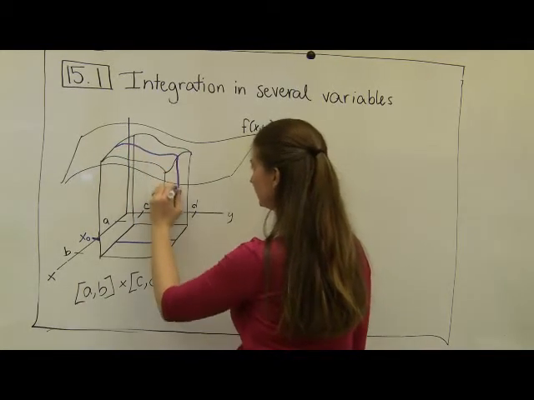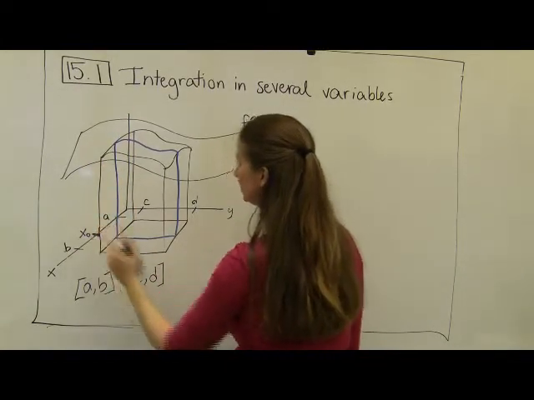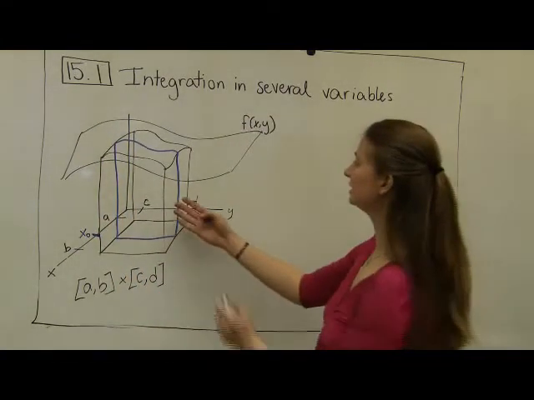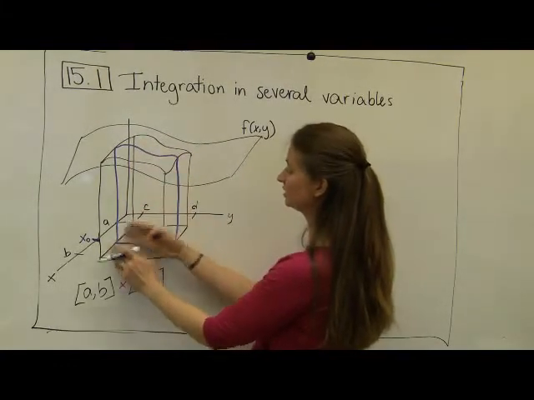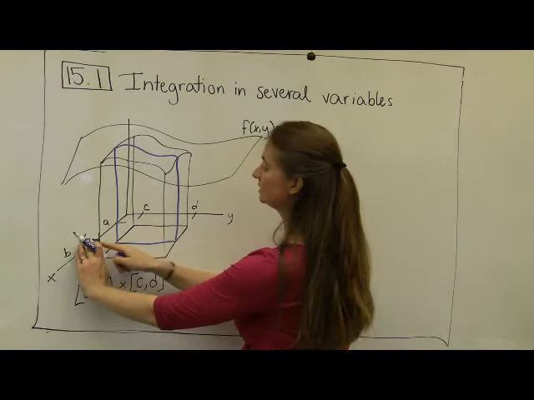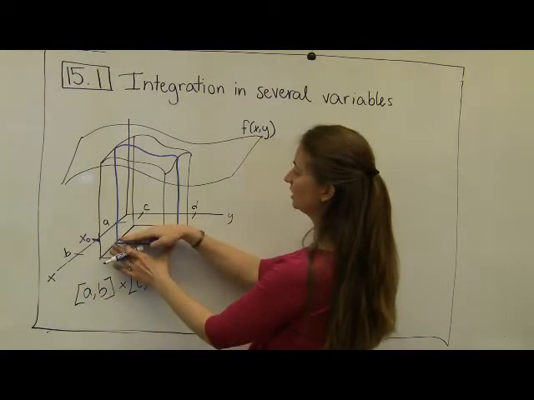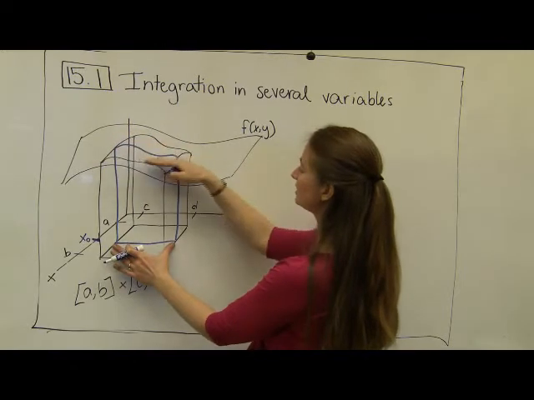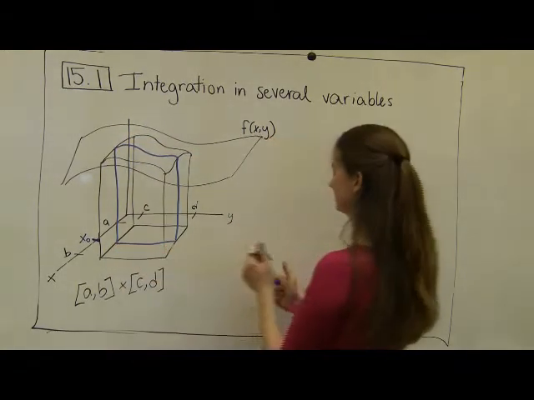And I end up with this cutout of a region. So I'm just thinking of what is the area of the cutout of this region here. So this is where my x is constant, my y's are going from c to d, and the heights along here are going to be the heights of this function where x is held equal to a constant.